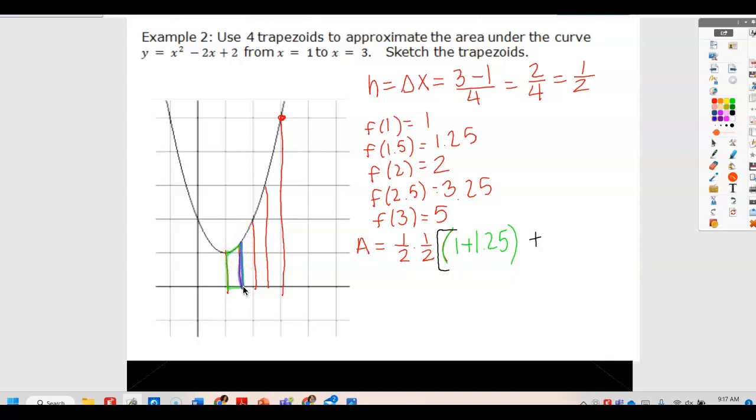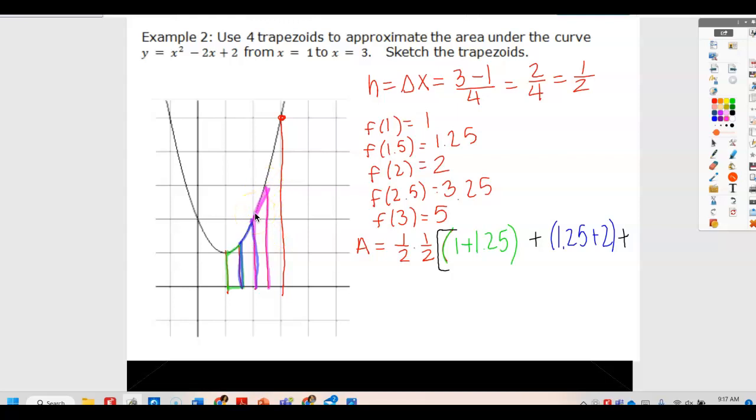Before, none of my rectangle sides overlapped. Now, the trapezoid side here starts at 1.5 and goes to 2. Plus the next trapezoid, which starts at 2 and goes to 2.25.